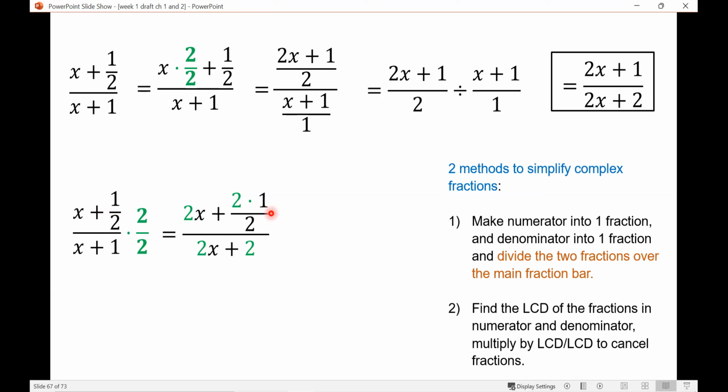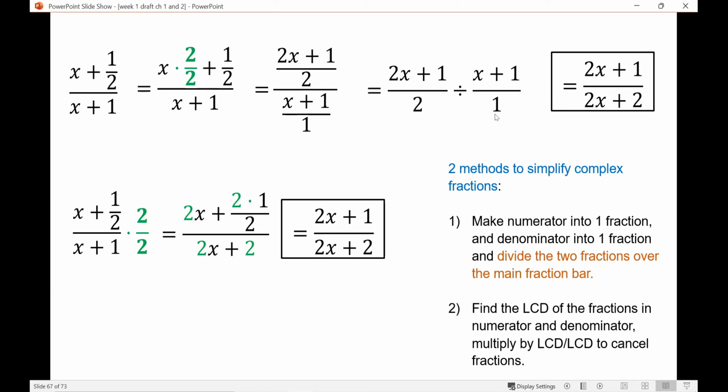So we have to distribute the 2 to both of those terms. And we are multiplying x plus 1 times 2. So we have to distribute the 2 to both of those terms. Notice what happens. When we distribute that 2, it will cancel out with our denominator. That's why we're multiplying by the LCD in the top and the bottom, to cancel out the denominator of our interior fractions here. We simplify that stuff and we get 2x plus 1 over 2x plus 2.